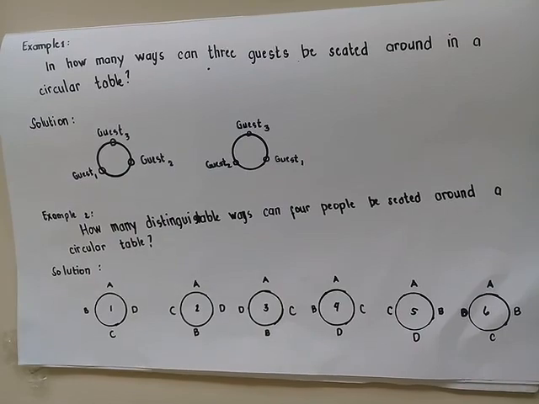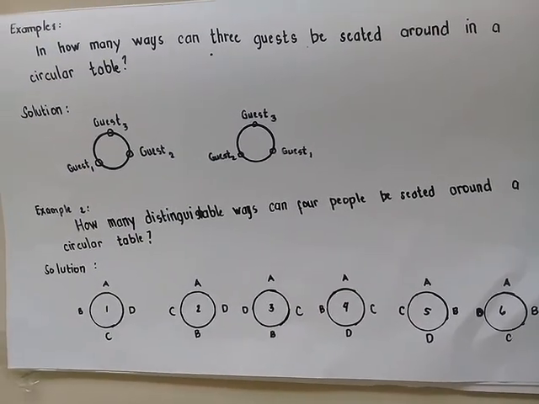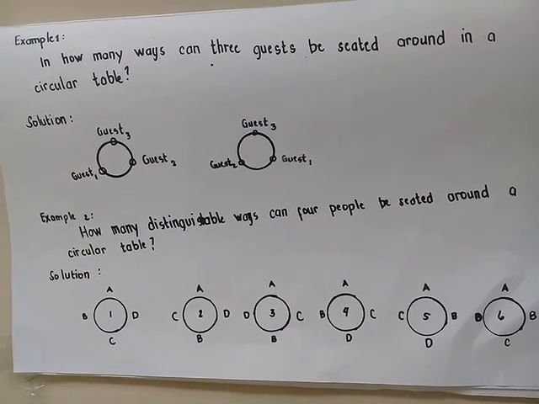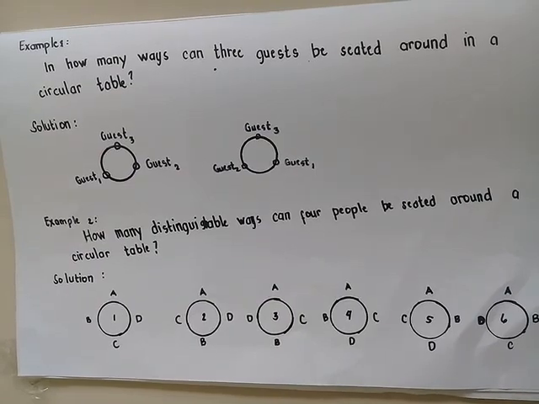Let's have example number 2. How many distinguishable ways can 4 people be seated around a circular table?